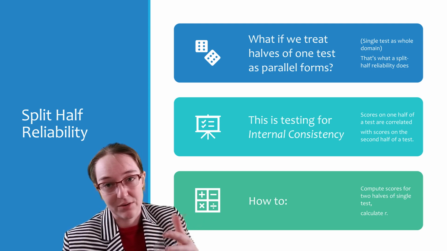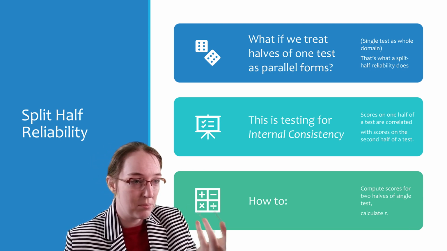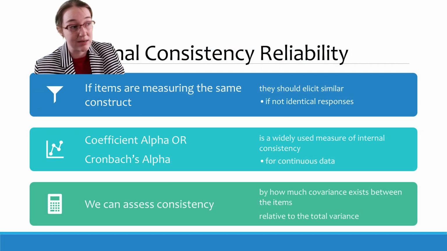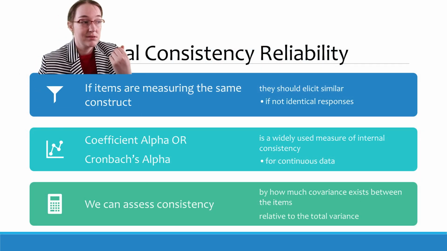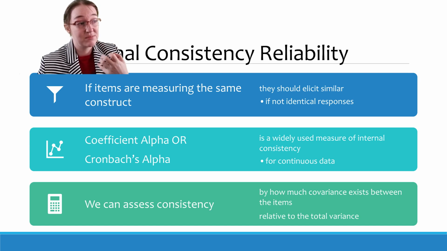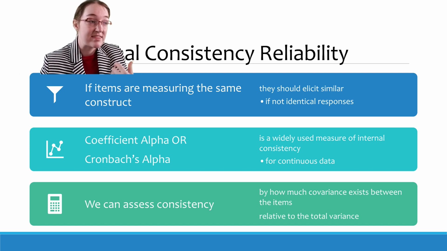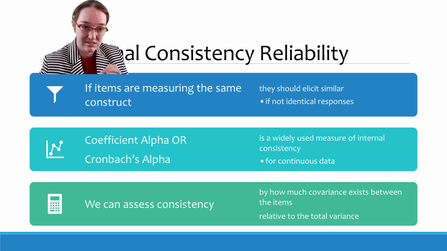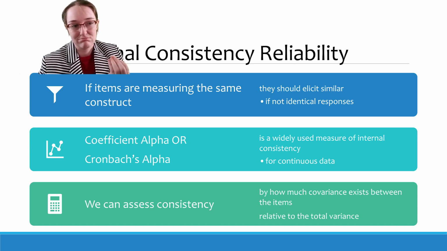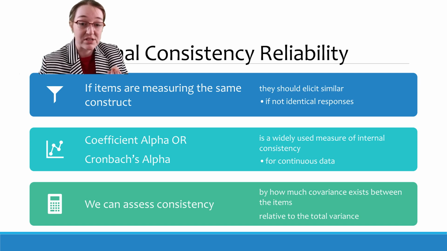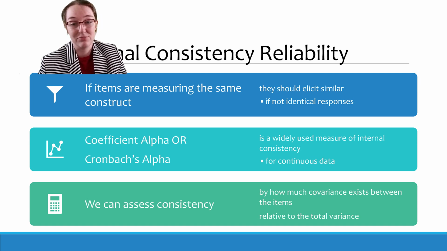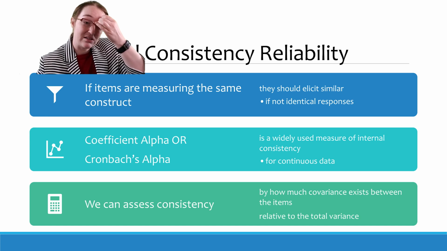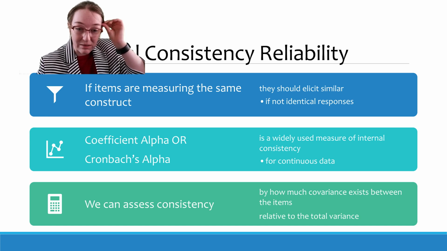It's one of many ways to measure internal consistency, but the other one, the most popular one, is Cronbach's alpha, where the idea is that if items are measuring the same construct, they should elicit similar, if not identical, responses. And so this is called alpha. I actually have a note here about how Cronbach really didn't like having it called after him.